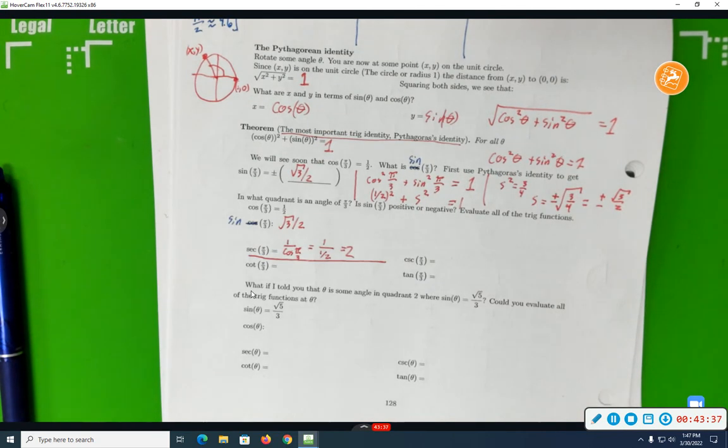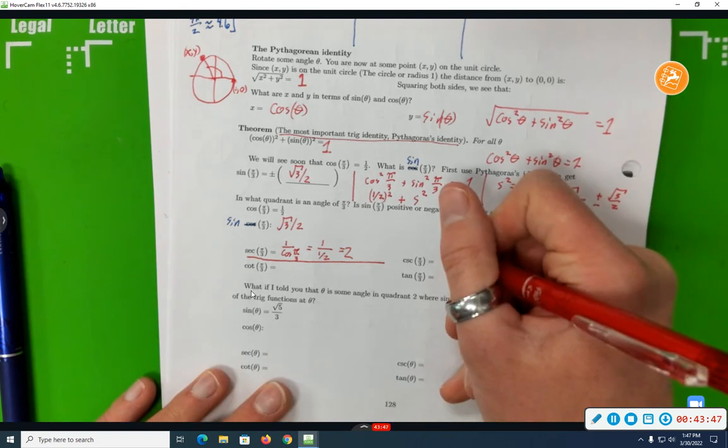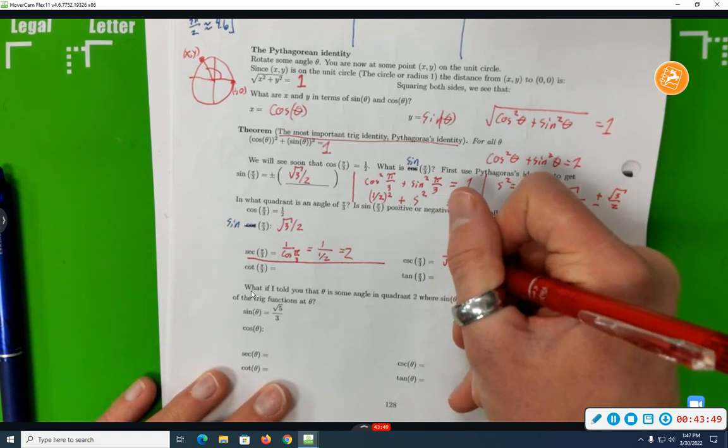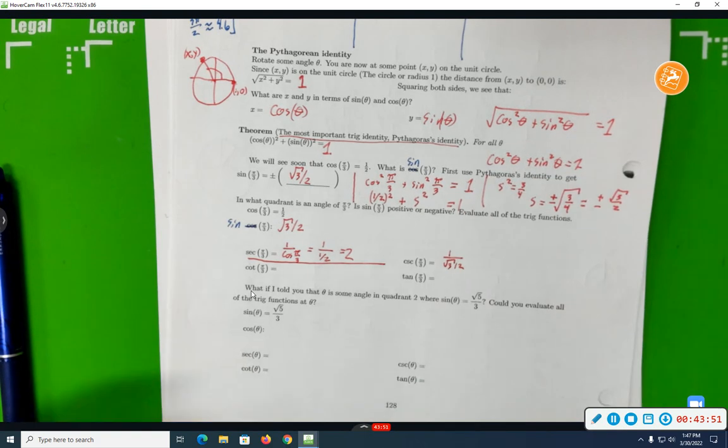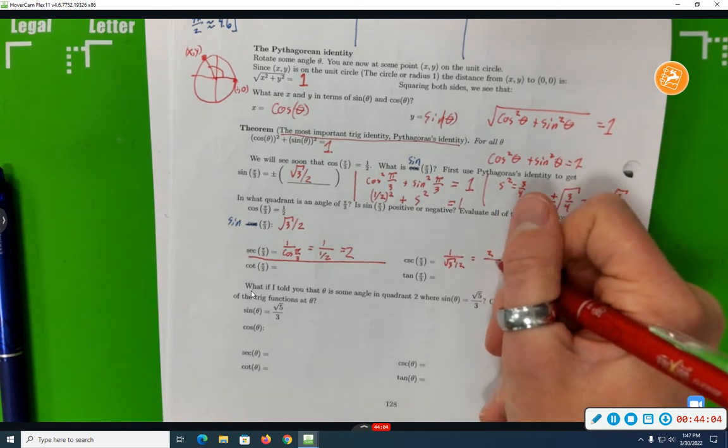If you wanted to compute cosecant, that is 1 over y, so 1 over sine. And I guess, in some sense, there is an answer, but we should probably simplify that. I see a fraction in the denominator, so that's really the reciprocal. That's equal to 2 over root 3.